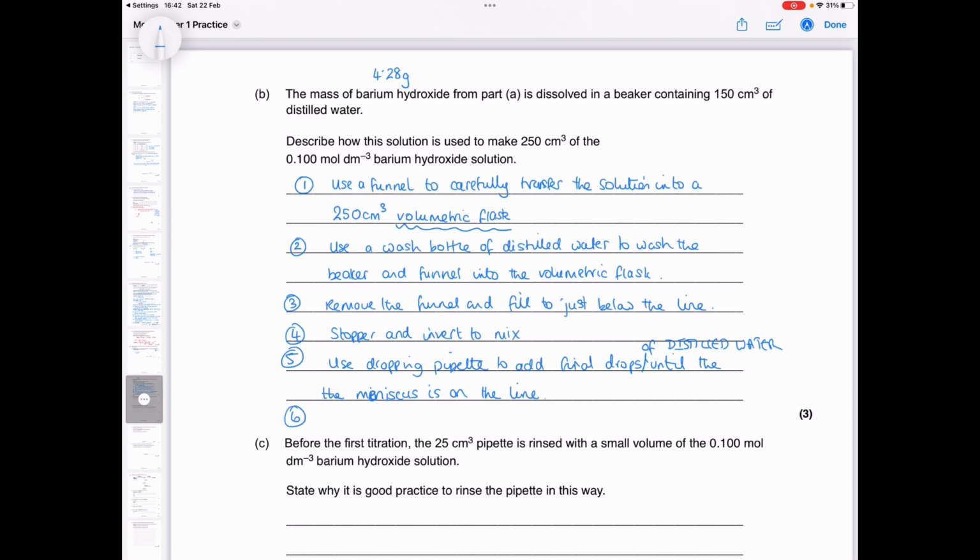And then finally invert to mix again. And then we have our standard solution.